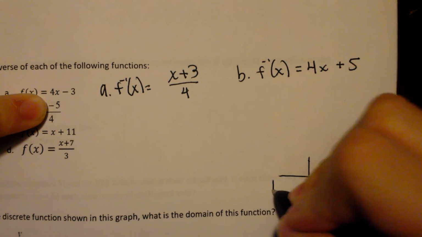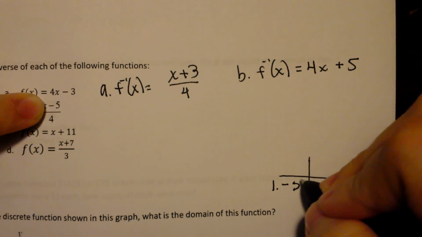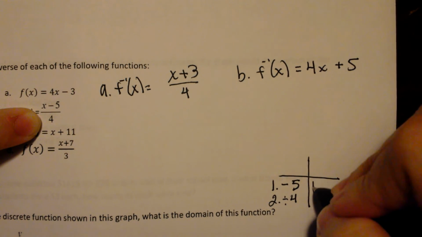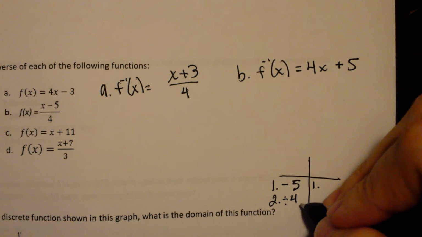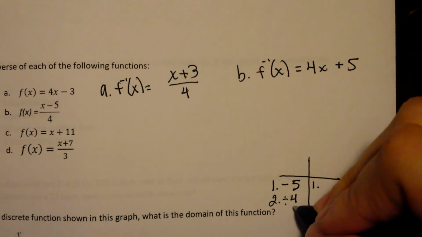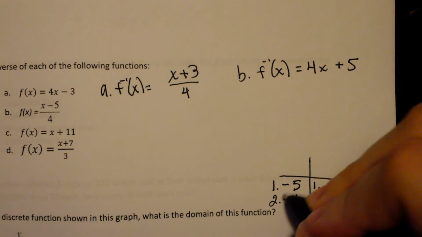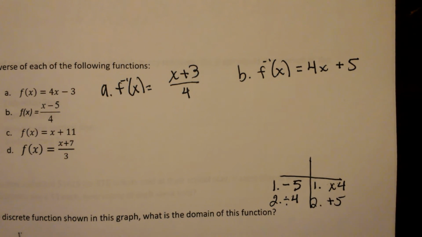So you're subtracting 5, then you're dividing by 4. So the opposite, you start with the last step and do the opposite. So the opposite of divide would be multiply by 4, and then add 5. That's what I did here.